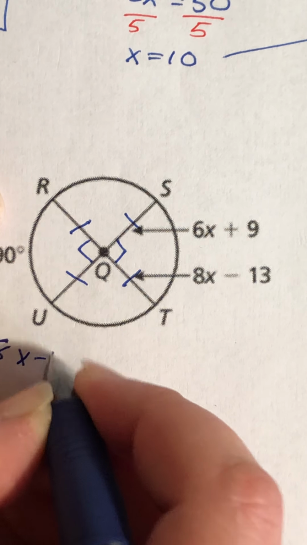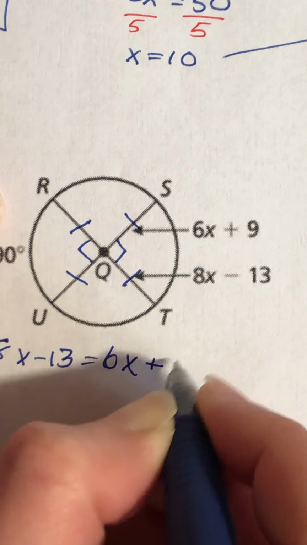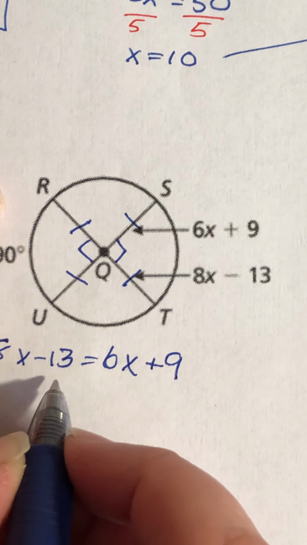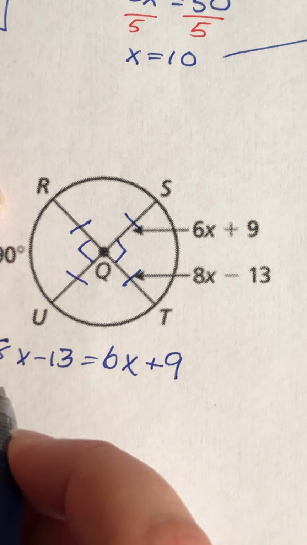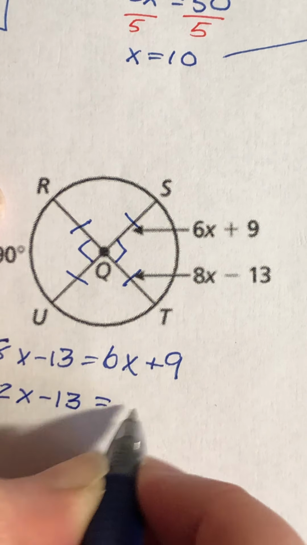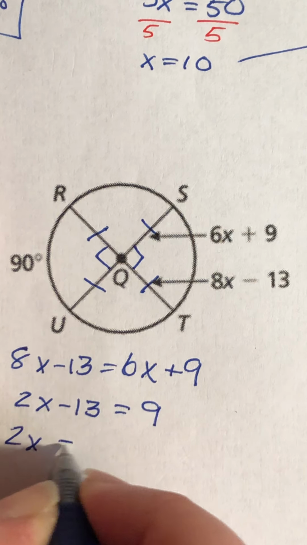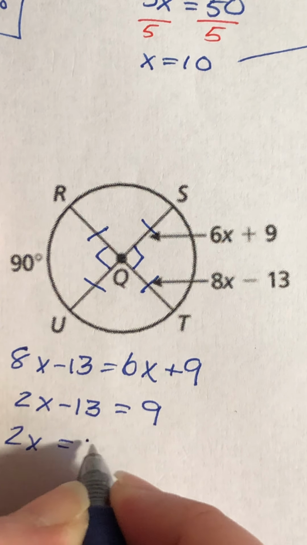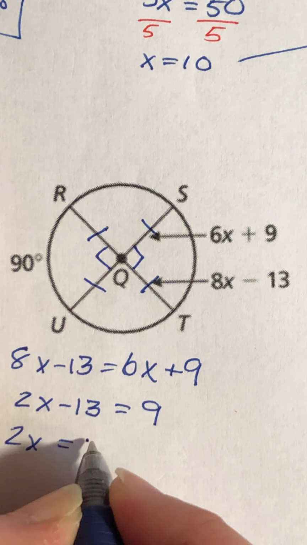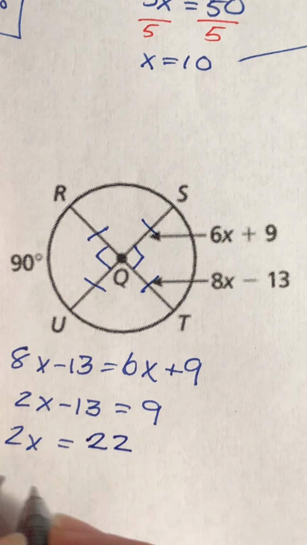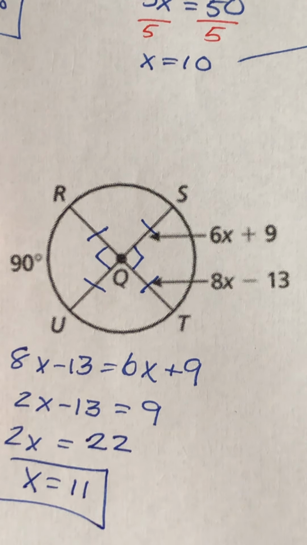So 8x minus 13 equals 6x plus 9. Subtract 6x, you get 2x minus 13 equals 9. Add 13, you get 2x equals, what is 13 plus 9? 22. And so x is 11.